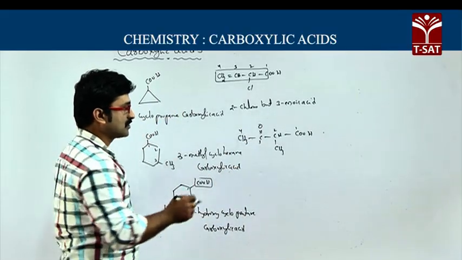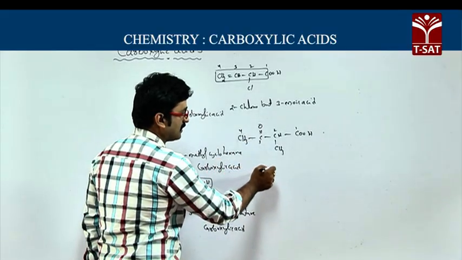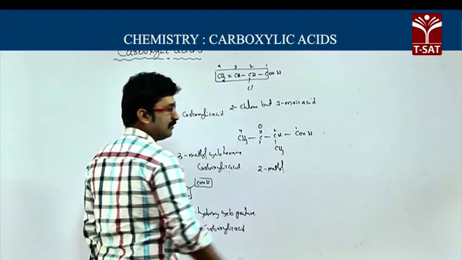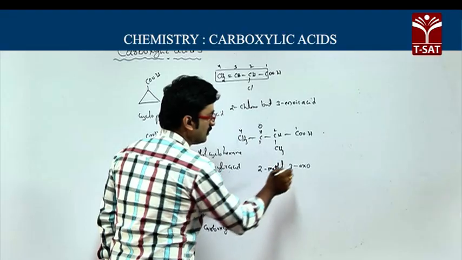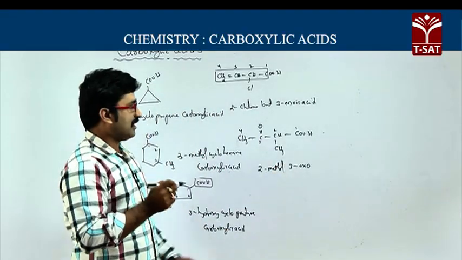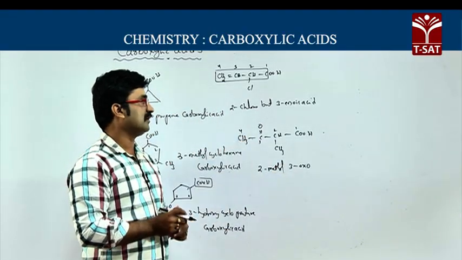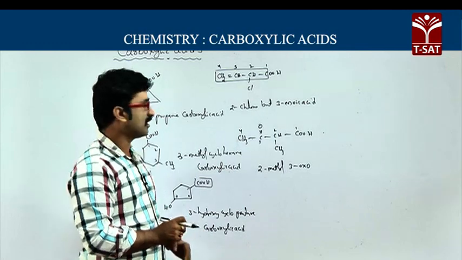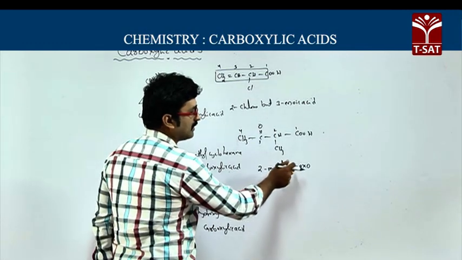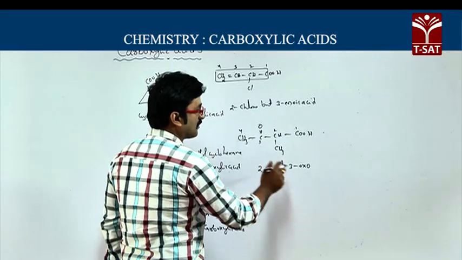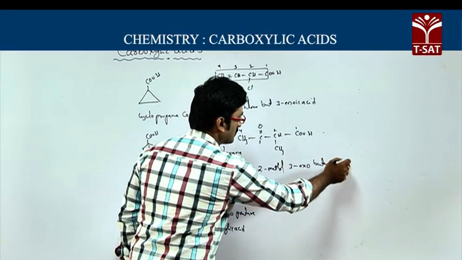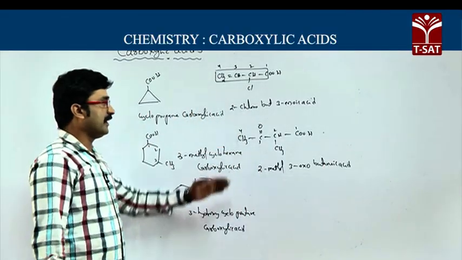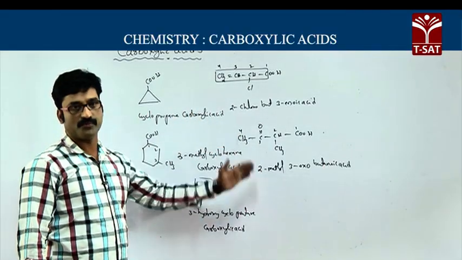So its name is 2-methyl and 3-oxo. The prefix of keto is oxo, or else you can say keto. 3-oxo. Total 4 carbons are there, therefore butanoic acid. This is the IUPAC name of this compound.